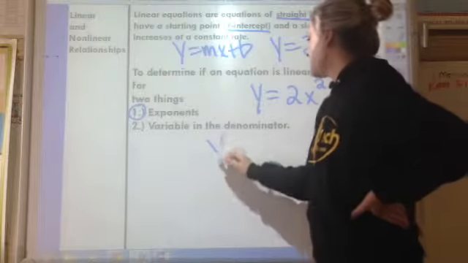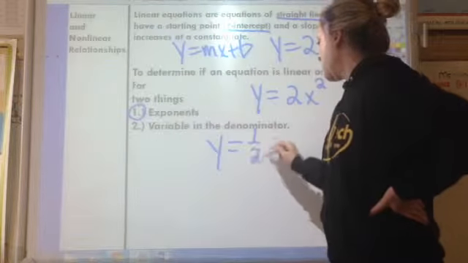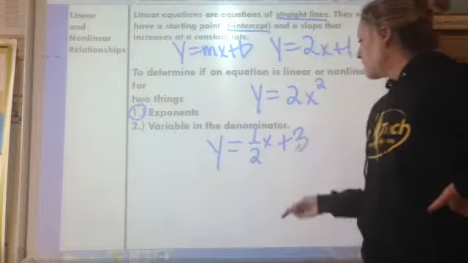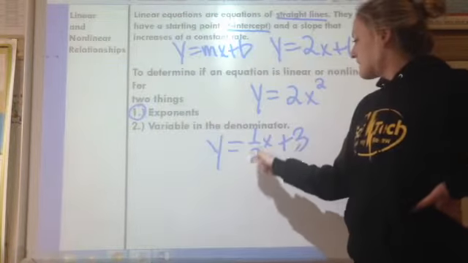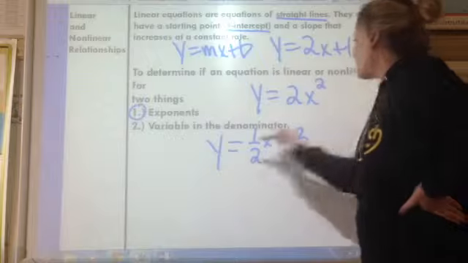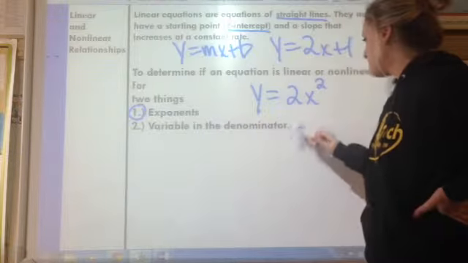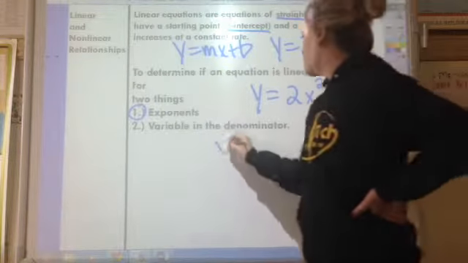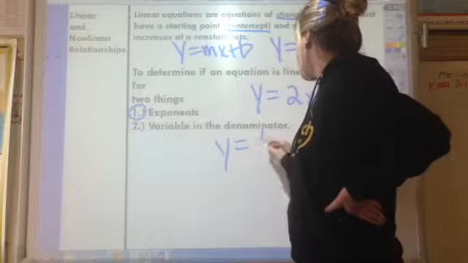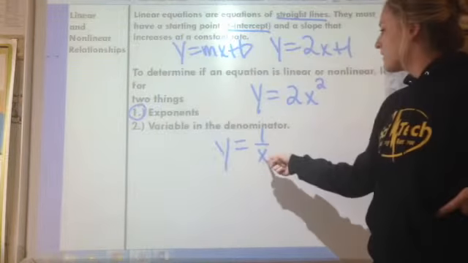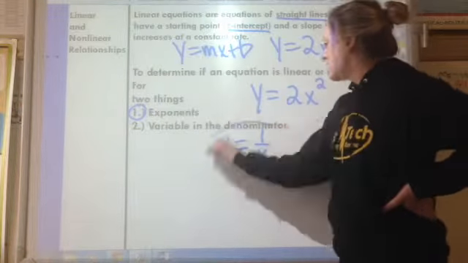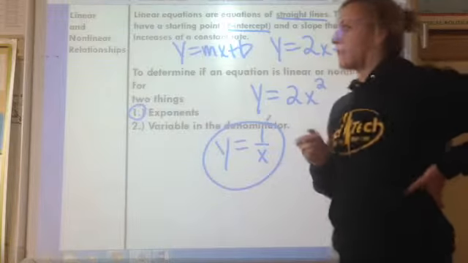A normal equation like y equals 1/2 x plus 3 has no variable in the denominator of this fraction. But if I had y equals 1/x, there is a variable in this denominator, so this equation would be nonlinear.